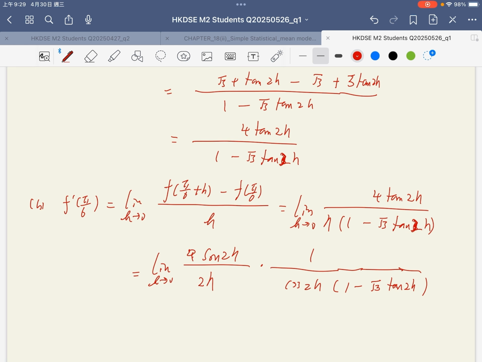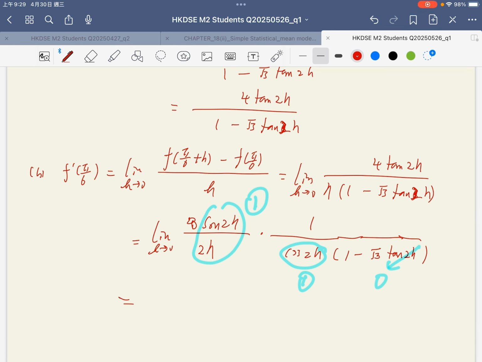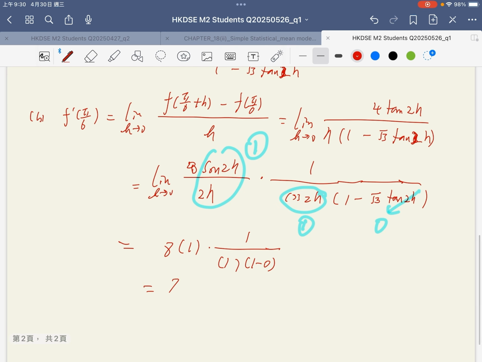This becomes 8. In this case, this part is 1, this part is 1, and this part is 0 when h tends to 0. Therefore, we have 8 times 1 over 1 minus 0. The overall is 8. Yes, this is the solution of this part.